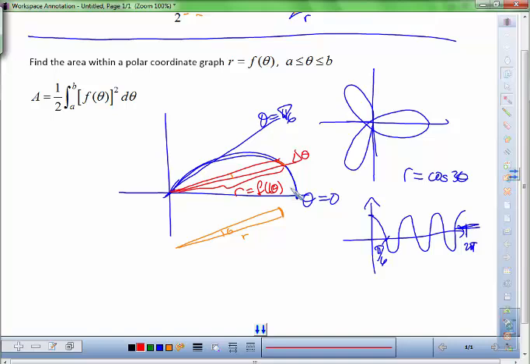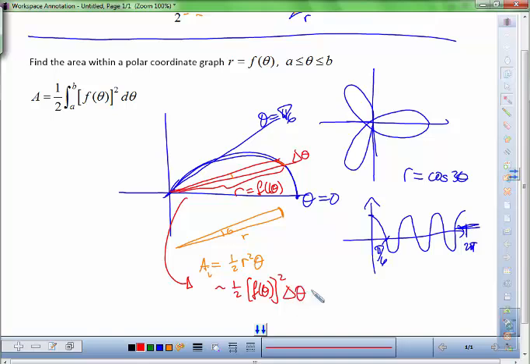So to find the area, if we're approximating it using sectors, the area of that little sector is going to be 1/2 r squared theta. With our approximation, it's going to be 1/2, and then r is f of theta, squared, and the angle between them is going to be our change in theta.